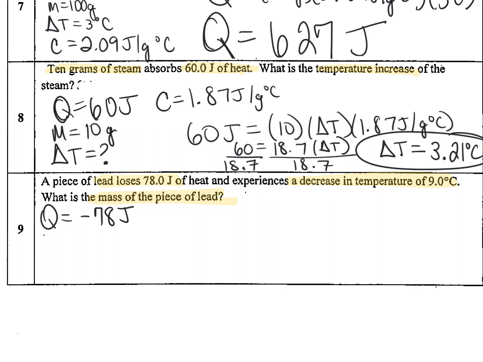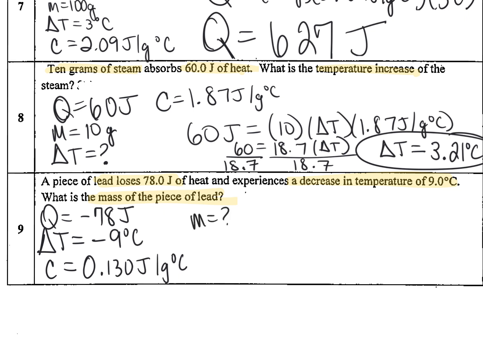We see a temperature change where it is decreasing, so it'd be a negative 9 degrees Celsius temperature change. We can look at the specific heat of our material on the previous page, which lead has a specific heat of 0.130 joules per gram degrees Celsius, and we want to find out what the mass of the material is.